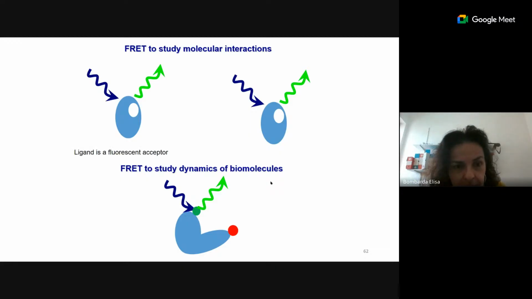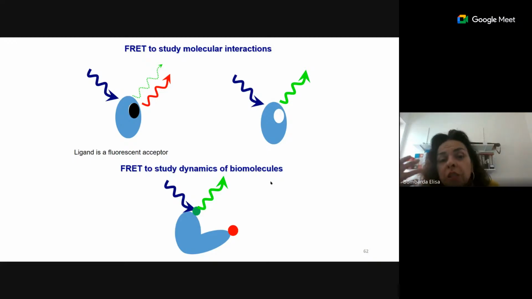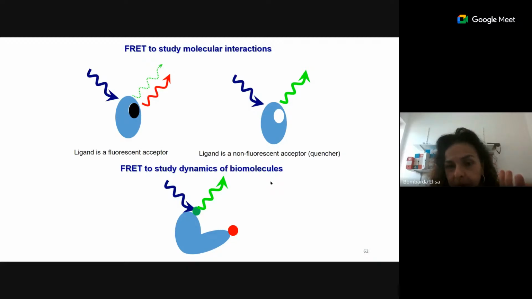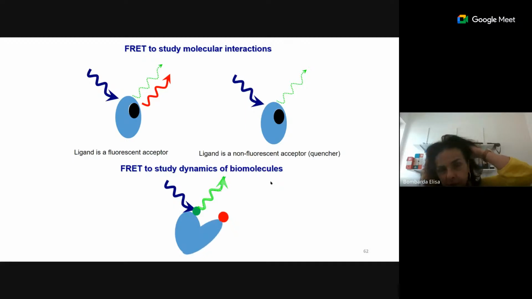When we add a ligand, which is fluorescent too and contains the acceptor, the interaction is monitored because the emission of the donor decreases and the fluorescence of the acceptor appears. The ligand could also be a non-fluorescent acceptor, so a quencher. In this case, the signal that we follow in this kind of experiment is simply the decrease of the fluorescence of the donor.